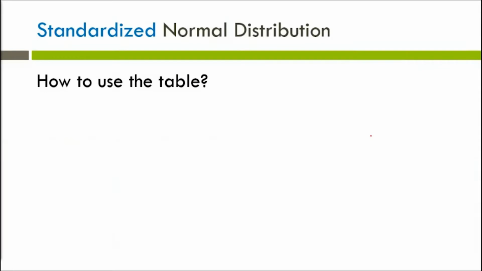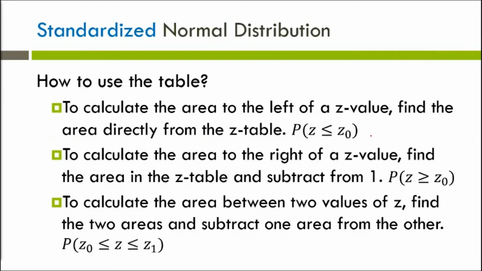So we have here some rules on how to use the z-table. To calculate the area to the left of the z value, find the area directly from the z-table. So that's the probability of z less than or equal to z sub 0.